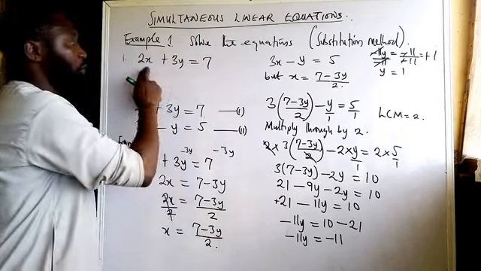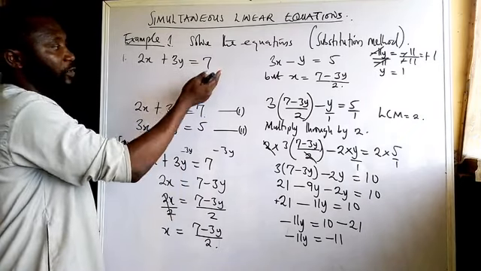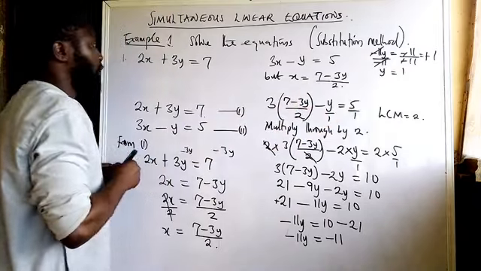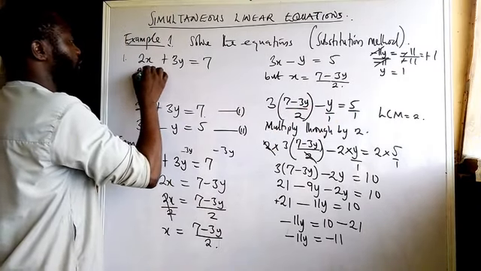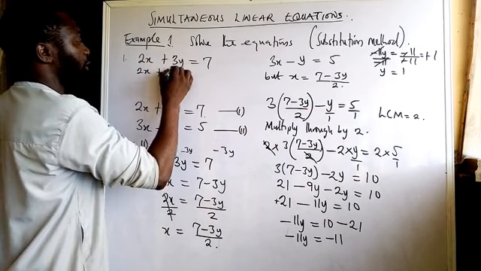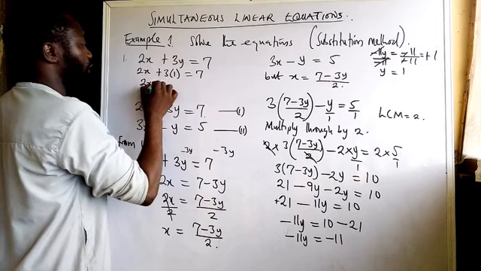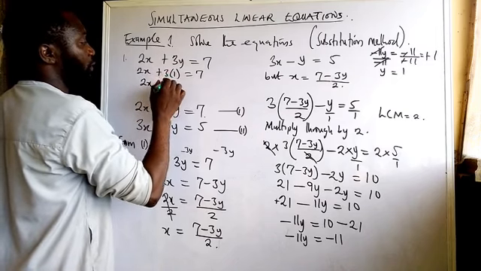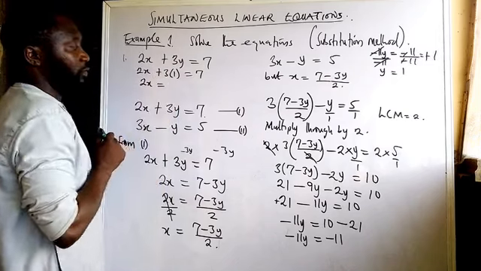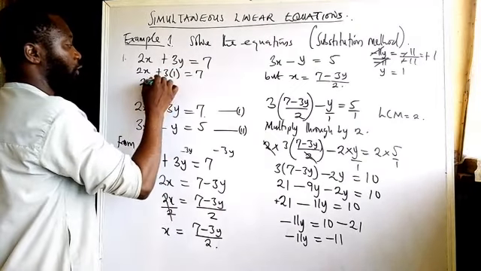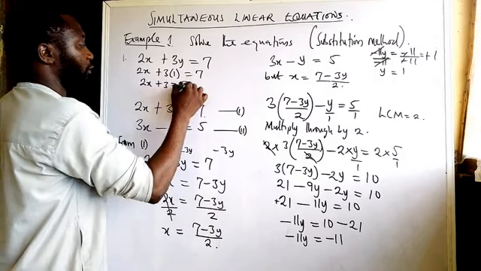Since this is my equation 1, what I just need to do is put the value of y. So we have 2x plus 3 multiplied by 1 equals 7. So this is 2x equals what? 7 minus 3 times 1, plus 3 equals 7.